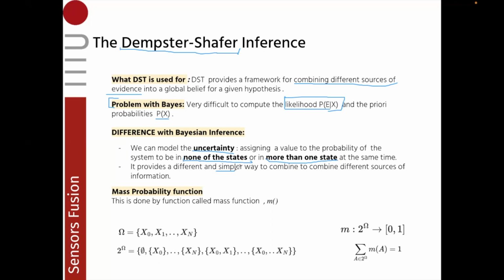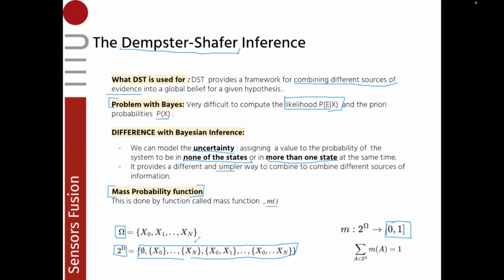Let's go now to the definition of what we call the mass probability function. As we know, a probability function is defined as a function from a set omega, which contains all the states, to the interval 0, 1. This is at least in the Bayesian approach. In Dempster-Shafer, the domain of what we call the mass function is not omega, but the power set of omega, which represents all the subsets of the omega set.